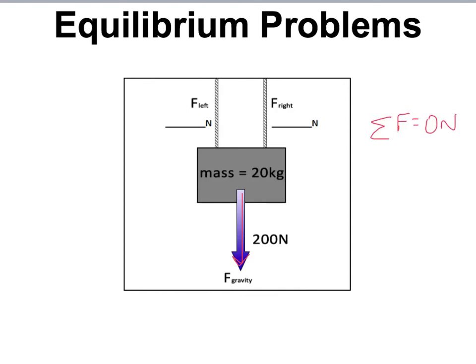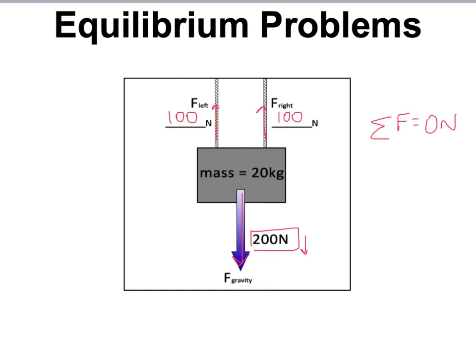In this case, we see that the force of gravity is 200 newtons. That's the force that's down. This means that the force up has to also be 200 newtons. Since the block is supported by two ropes, those two ropes are going to equally support the block, which means that each of those ropes is going to have a tension force of 100 newtons on it.